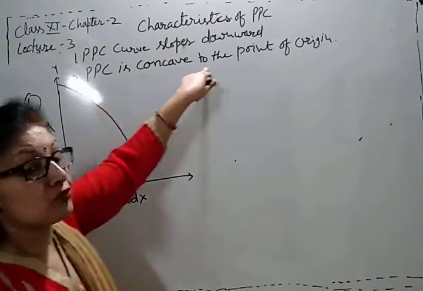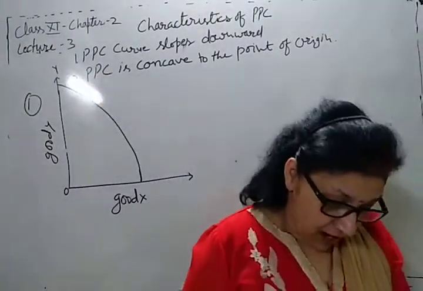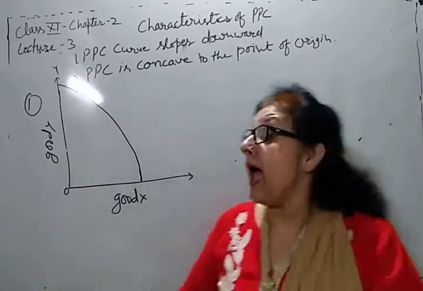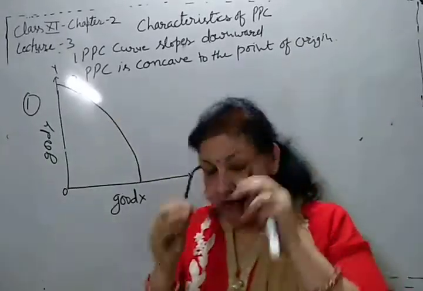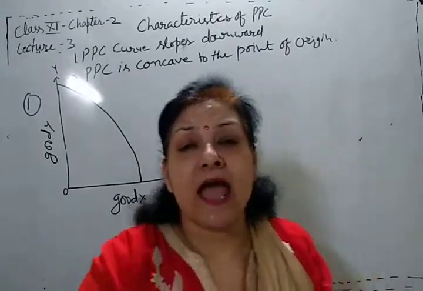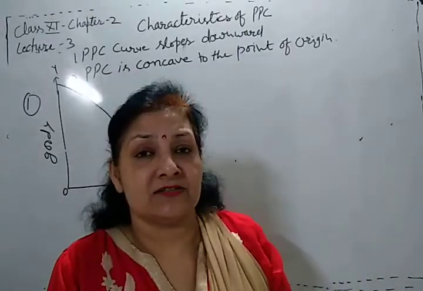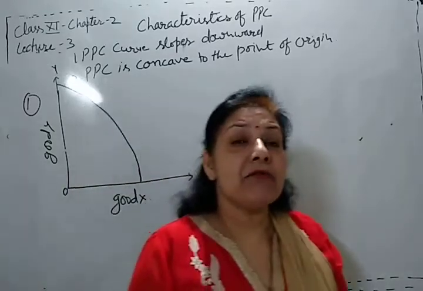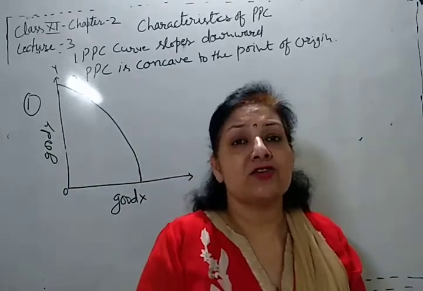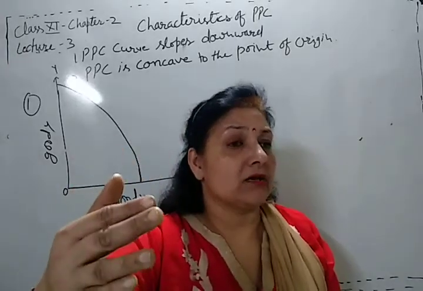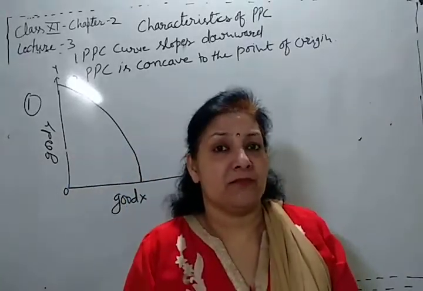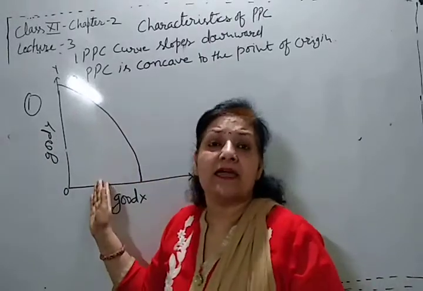PPC is concave to the point of origin. As you can see, PPC is concave. I think you have studied in your 9th or 10th class science about the concave lens, convex lens, concave mirror and convex mirror. So that is something like here.